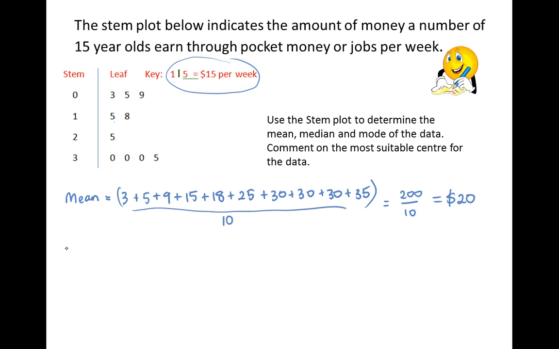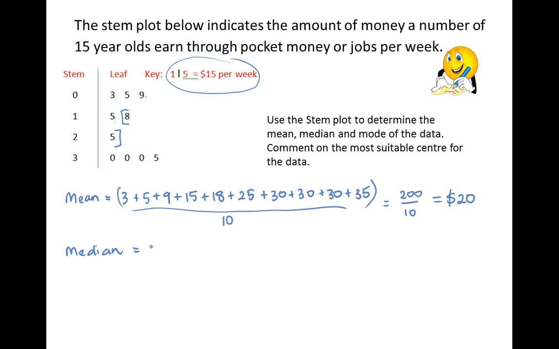Now let's have a look at the median, and remember the median is the middle value. We have 10 results here, so we're going to actually have 2 middle values, so we need to find the middle of the 5th and 6th value. So I can find that from my stem and leaf plot. 1, 2, 3, 4, 5. There's my 5th value, 18, and my 6th value, which is 25.